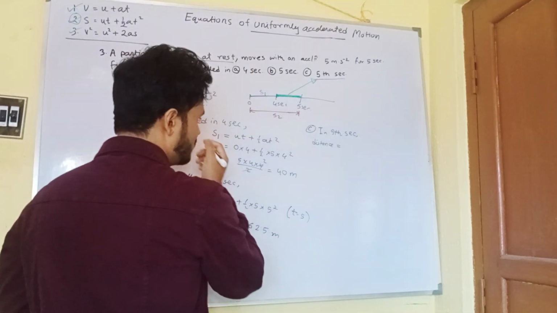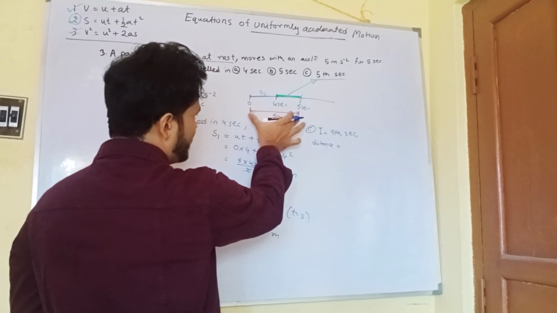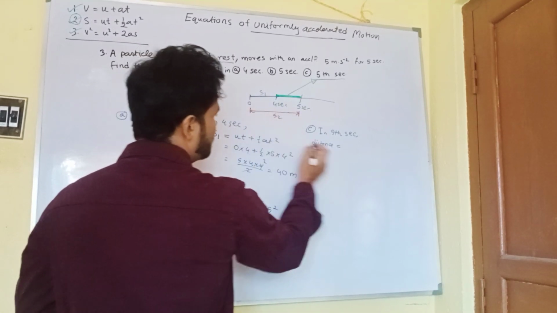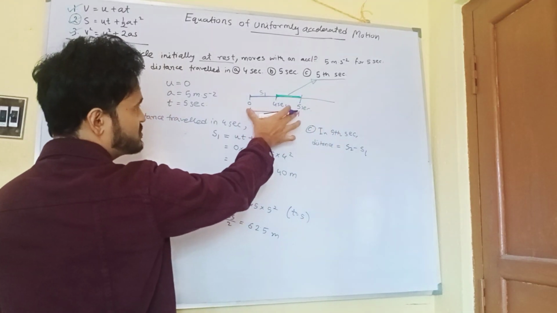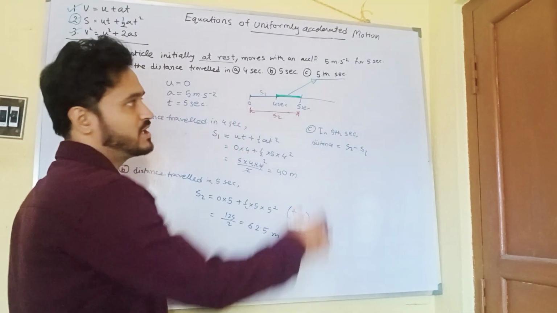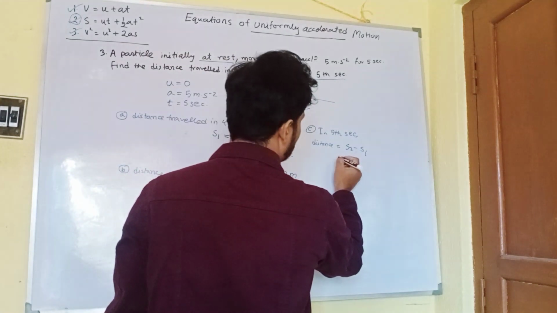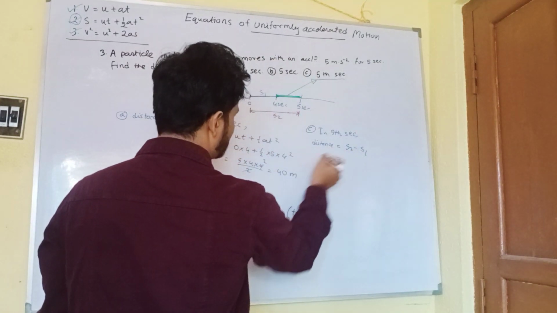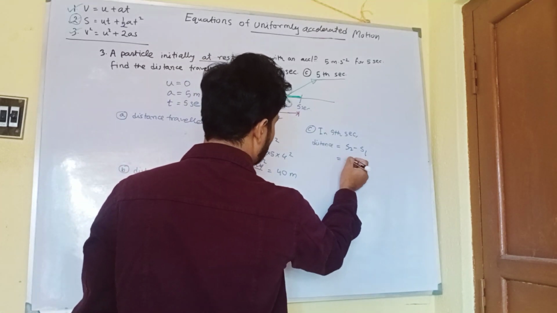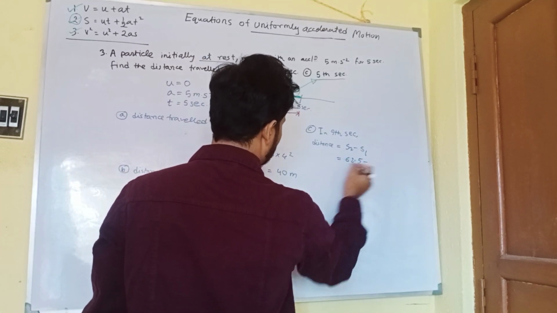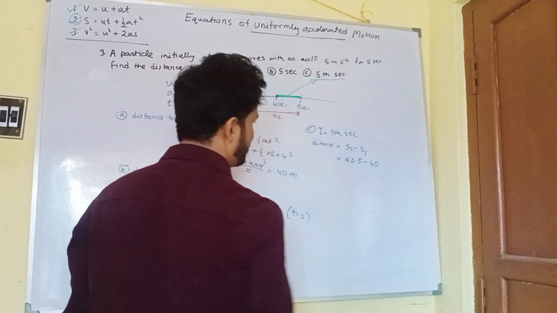It is equal to S2 minus S1. What is this green portion? S2 minus S1; we will get this green portion. What is S2? 40. Sorry, 60. Minus 40.